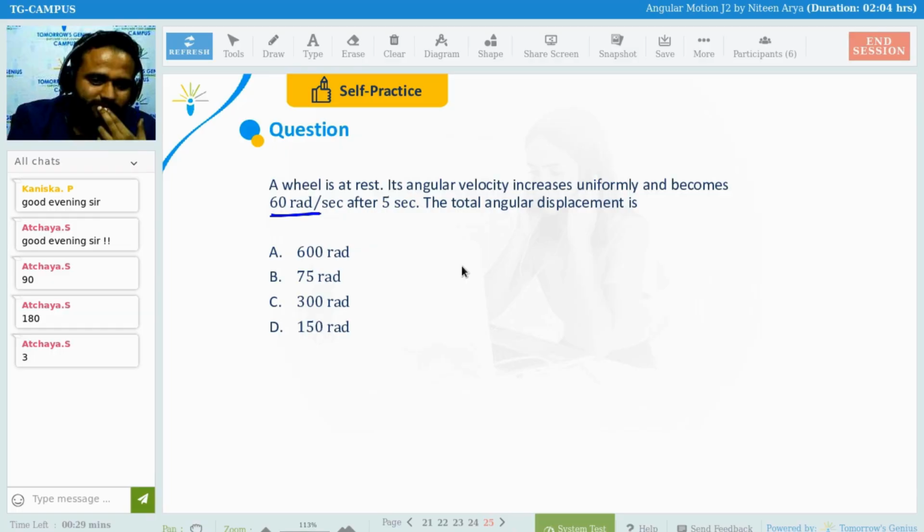What are you going to do? Using v equals u plus at, in the same manner, omega 2 equals omega 1 plus alpha t. You can find alpha first and then similarly you can find theta. And give me the answer, everyone.